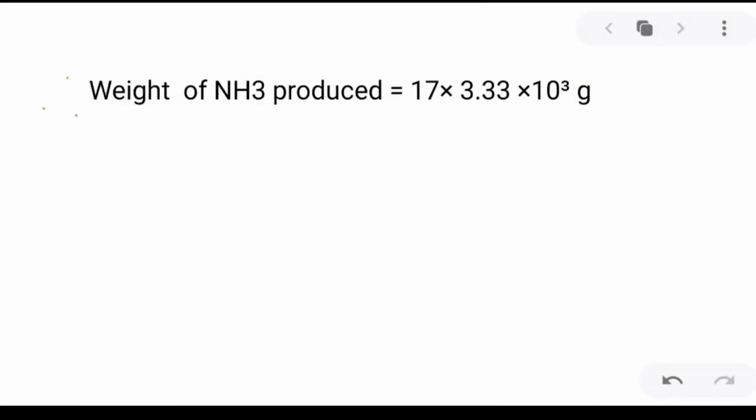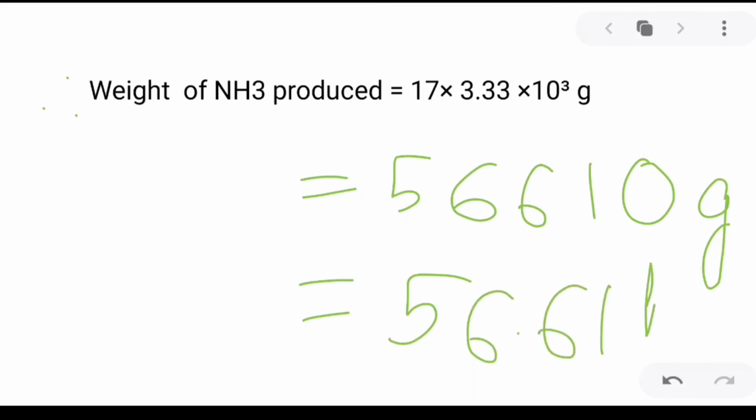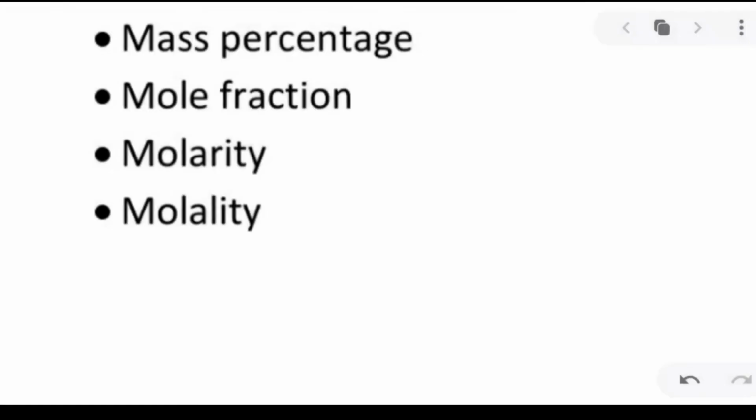Therefore, the weight of NH3 produced is equal to 17 into 3.33 into 10 to the power 3 gram, which is equal to 56610 gram, which is equal to 56.61 kg. Therefore, the amount of NH3 produced is equal to 56.61 kg.